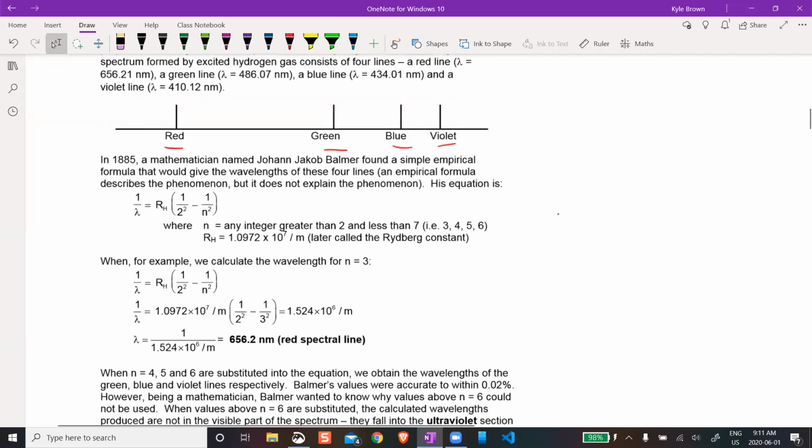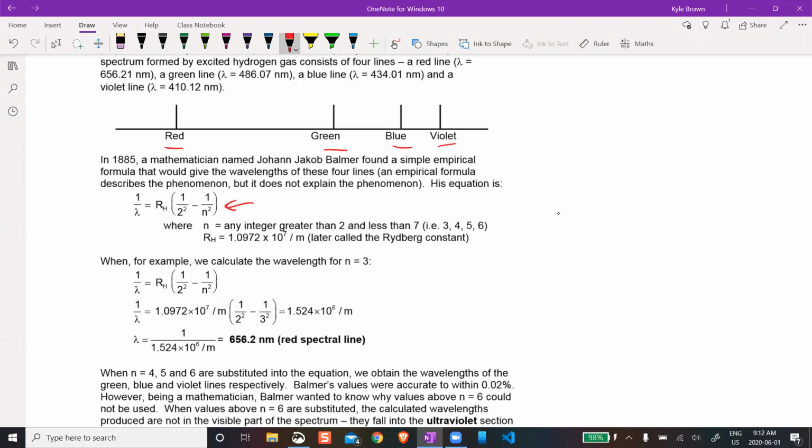So a guy named Johann Jacob Balmer found a simple mathematical expression. Okay, so this one, you don't need to know how to use this actually, but I'm going to explain how this progressed and how this influenced Bohr. This isn't even on your formula sheet.